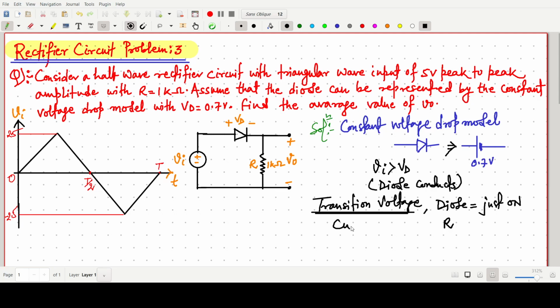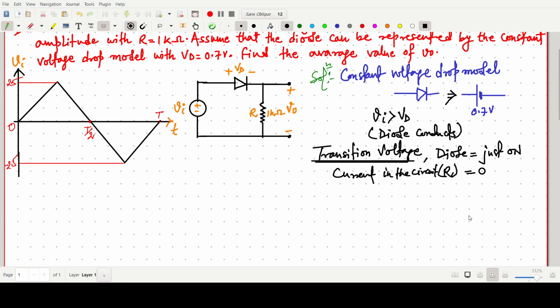At that point, the current in the circuit, that is, in the resistance R, will be 0. So in the new modified circuit, I am first telling how to find the transition state where the diode is on and off.